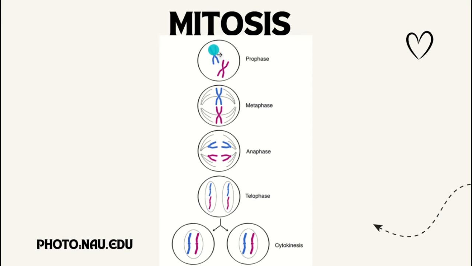centrioles. Let's just say centrosome, because the centrosome has the centrioles in it, and it's basically going to be like a circle. They're going to be on opposite ends of the cell. This diagram doesn't really show it, but the centrosome is going to be at opposite ends of the cell, separating the cell's poles.